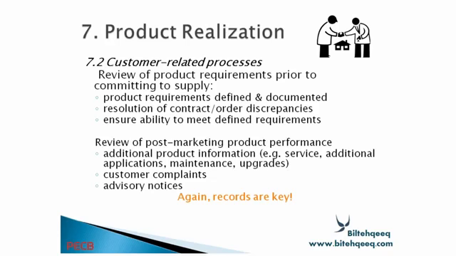Again, records are kept. So you have to keep record of each activity. So before accepting any order from the customer, you must ensure that you have well understood what he is asking and what he is requiring. And if there is any conflict, you must resolve this conflict before accepting any order.